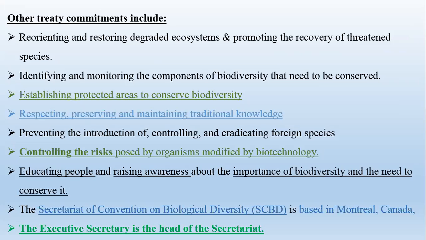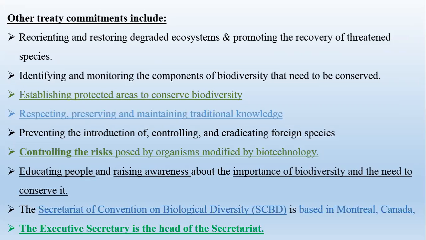Then identifying and monitoring the components of biodiversity that need to be conserved. Next, establishing protected areas to conserve biodiversity. Establishing protected areas is nothing but sanctuaries, or wildlife sanctuaries, or some protected areas for that animal or plant which mainly occurs in that region, that is protected areas to conserve the biodiversity.